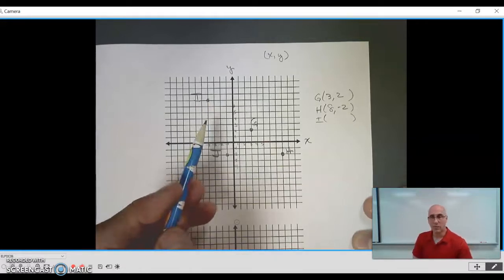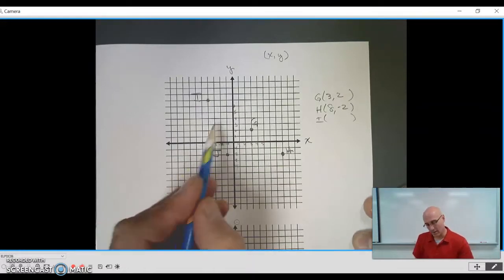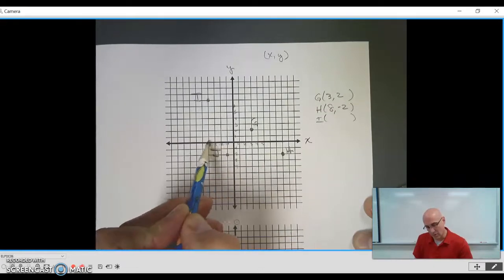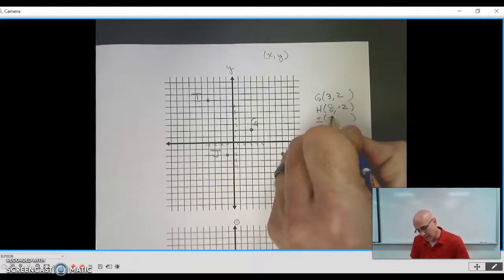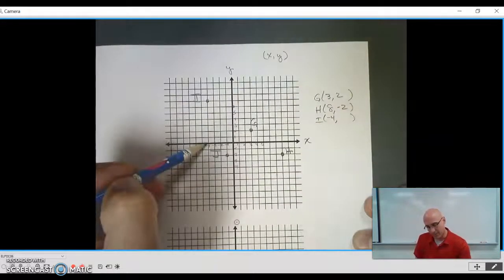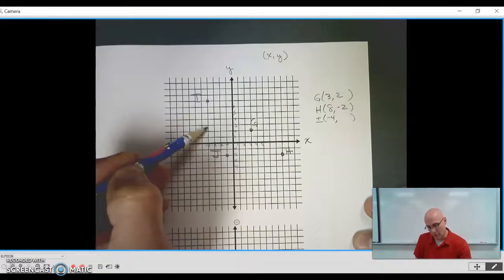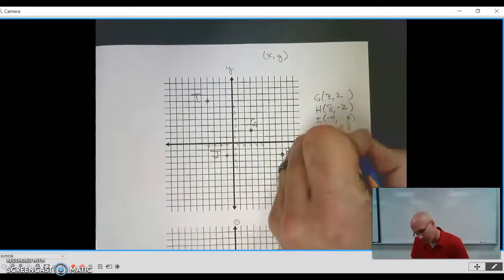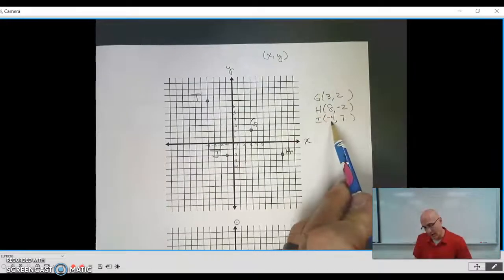We are going to first go left or right. So in this case, we're going left. We're going to go 1, 2, 3, 4 to the left, which makes it negative 4. Then we're going to count to the point. We're going to go 1, 2, 3, 4, 5, 6, 7, and we're going in the positive direction. So I has the coordinates negative 4, 7.